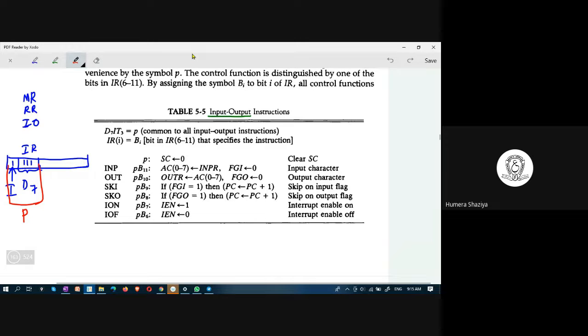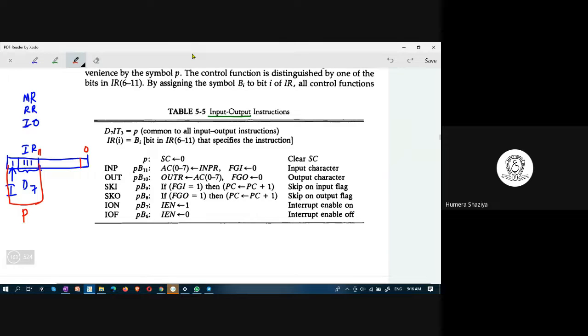Next we have IR bits from 0 to 11. Here you will find the instruction code for input output. Which bits are used in the context of I/O instructions? Bit number 6 to 11.